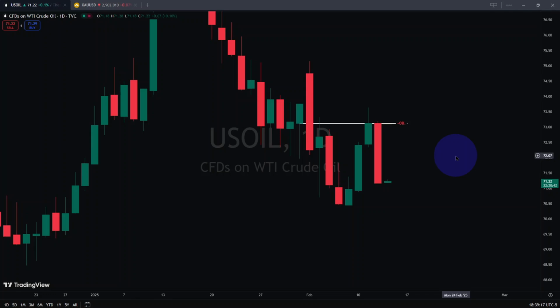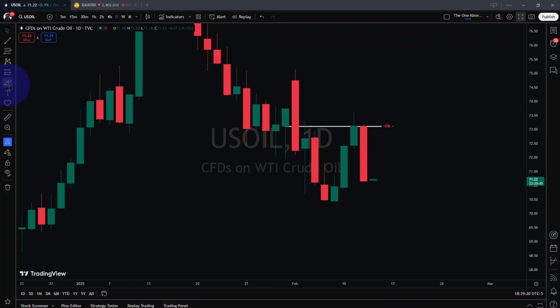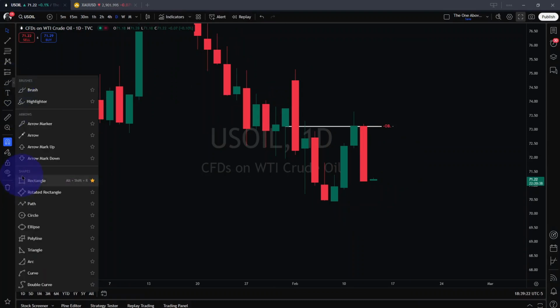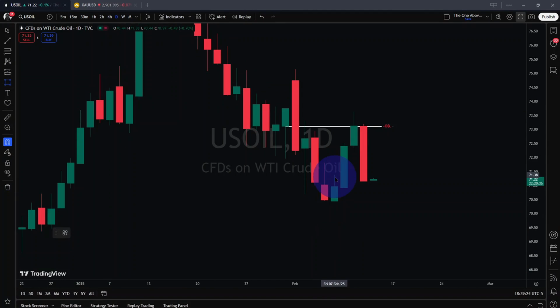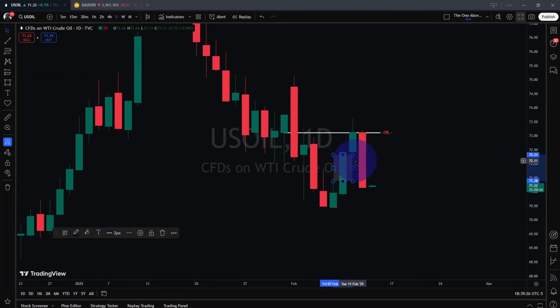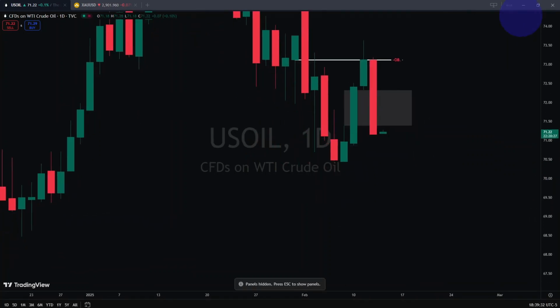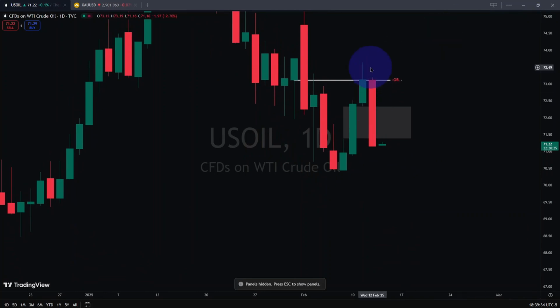Okay, but on the daily chart now, on US oil, we have this old fair value gap. Okay, and now that markets is beginning to establish order flow, which is bearish, we already have a down day.